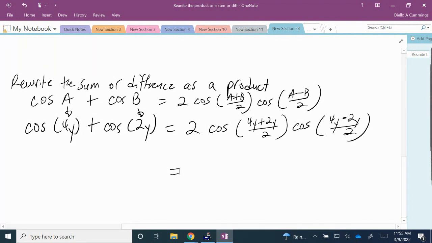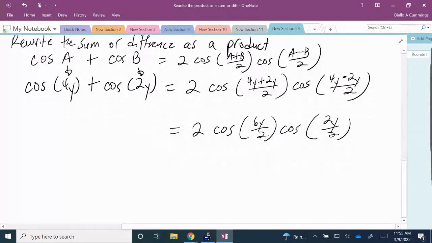Right, we're going to simplify that down some, and we have 2 cosine 6y over 2 times the cosine of 2y over 2, for a final result of 2 times the cosine of 3y times the cosine of y.